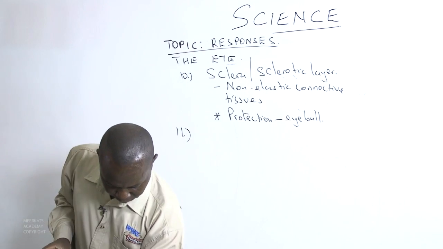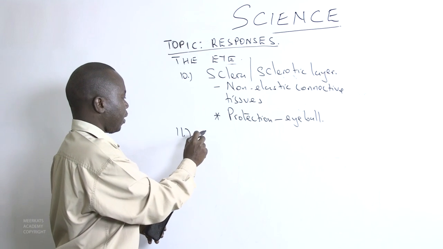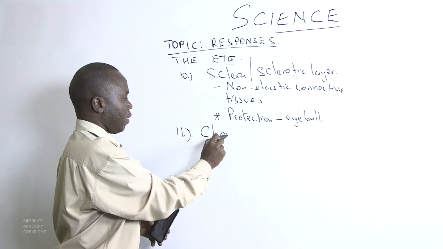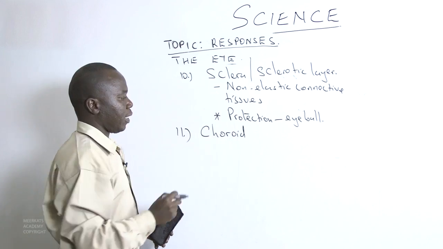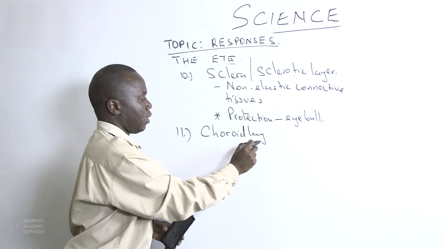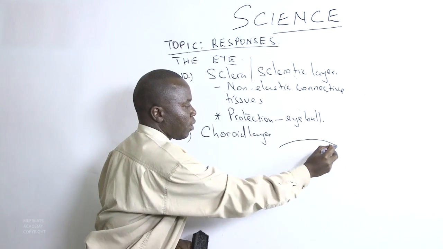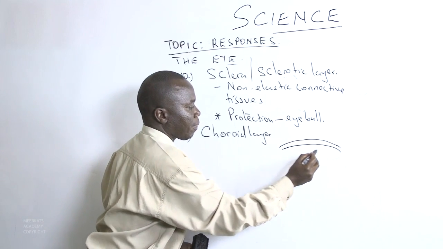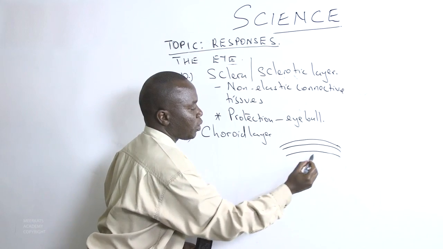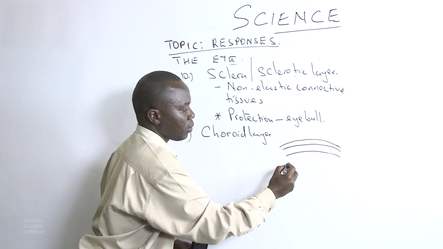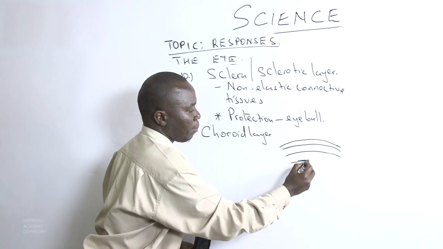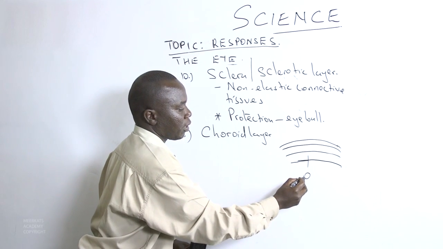Eleven, the choroid layer. Remember, in our diagram, we had the sclerotic layer, another layer in between, and then another layer made up of the retina.